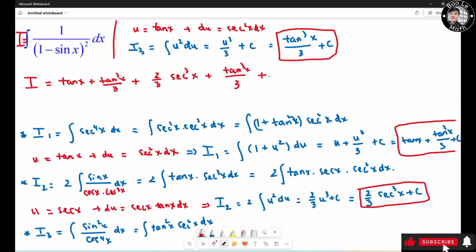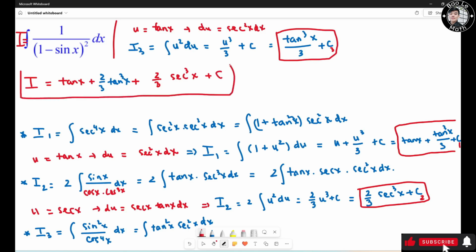And then I'm gonna add a constant c, which means I let this one be c1, this is c2, and this one is c3. c1 plus c2 plus c3 equals a new c, right? So I'm gonna combine these two guys right here, tangent cube of s over 3 and tangent cube of s over 3. So this guy becomes, and then this one is the final answer.